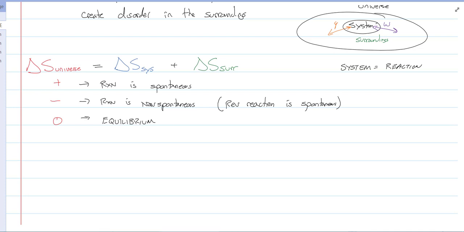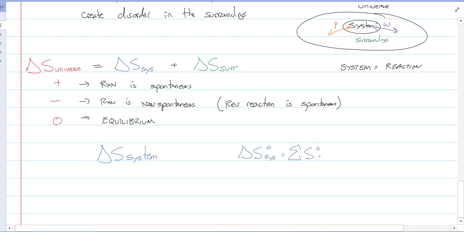So we're going to calculate it very similar to delta H. Delta S standard of the system is equal to the sum of the entropies of the products minus the sum of the entropies of the reactants, and these are in the same table you get delta H from. Also, delta S system or reaction equals S final minus S initial.